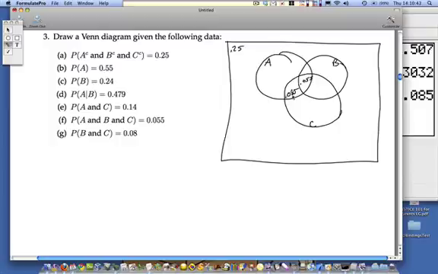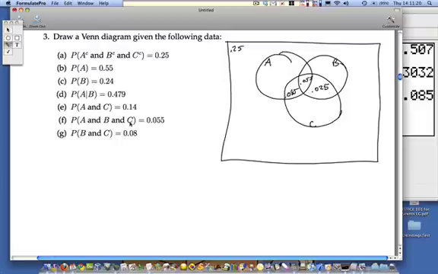Look, if you add these two together, they should equal the probability of A and C. And still, probably half the class is not doing this. Okay? We're going to keep doing it until you get it right. Probability of B and C is 0.08. Here's B and C. We've already got 0.055 accounted for. So that's going to be what's left over, 0.025.